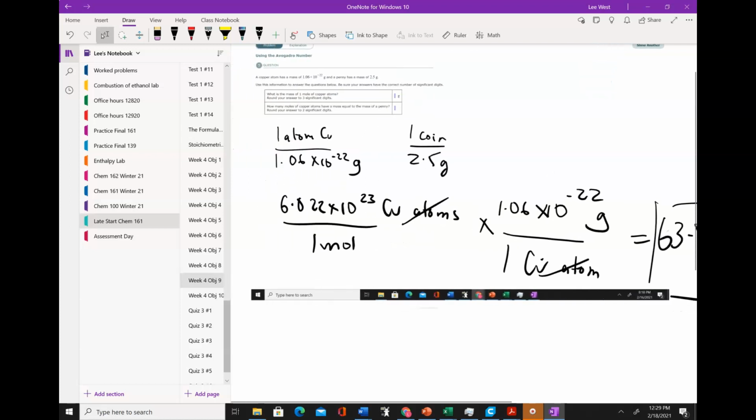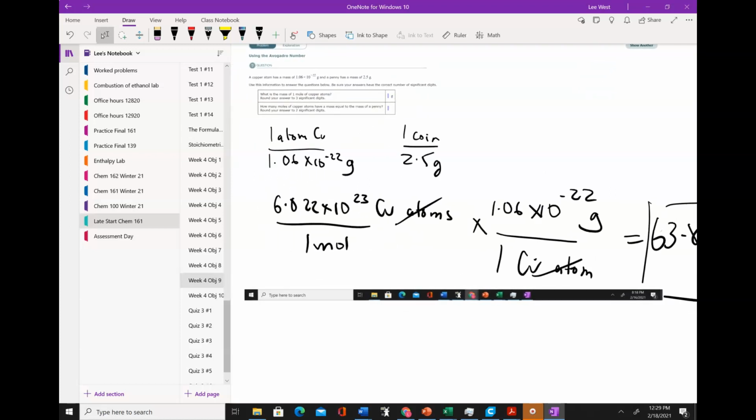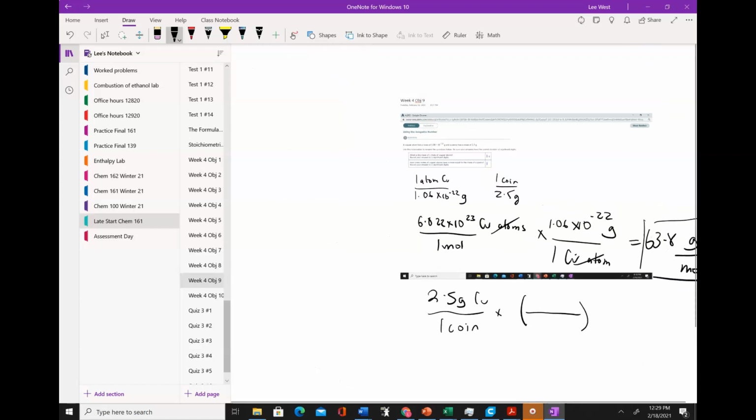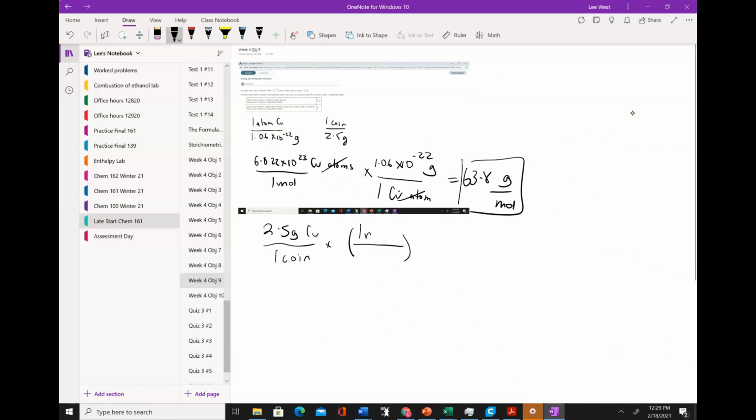Okay, how many moles equal to the mass of a penny? So we got 2.5 grams of copper in 1 coin, and we just solved that 1 mole of copper weighs 63.8 grams. So that would work.